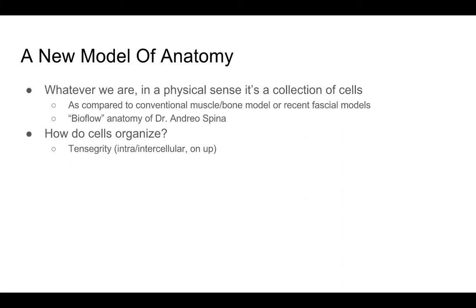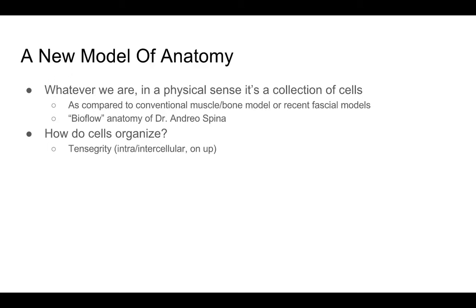This is a bit of a contraction between tension and integrity, popularized by Buckminster Fuller. And what we see is that this tensegrity model, this balance of tension and compression, manifests itself on the intracellular level within the cells themselves.